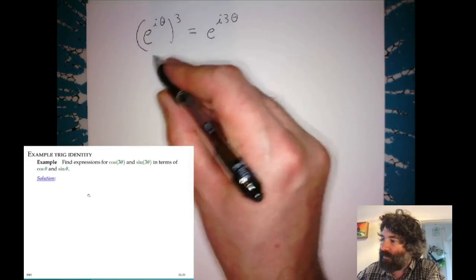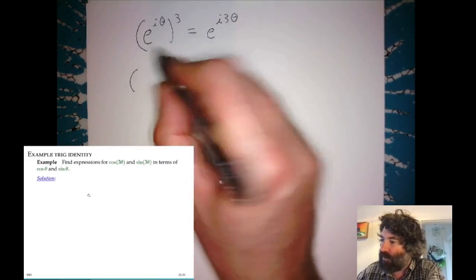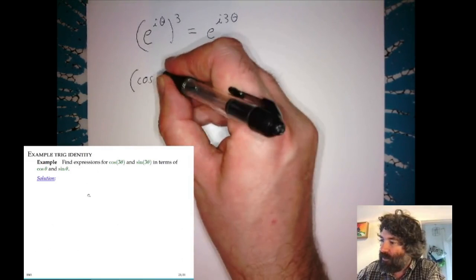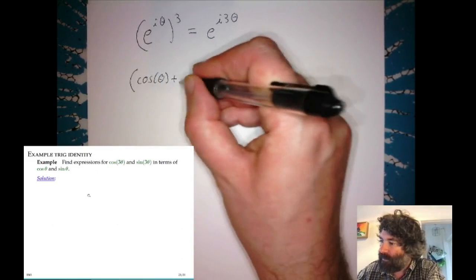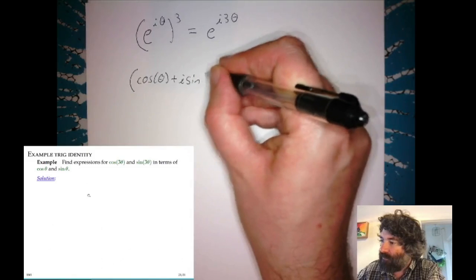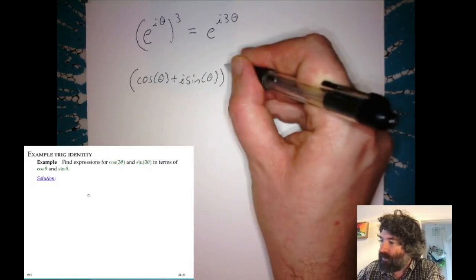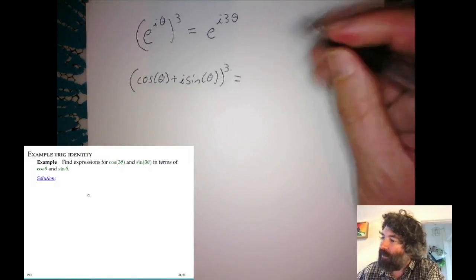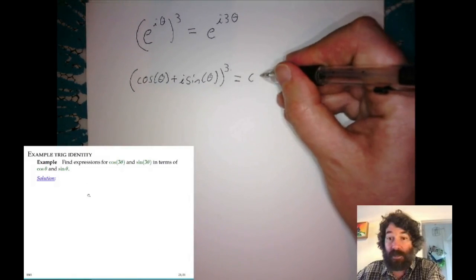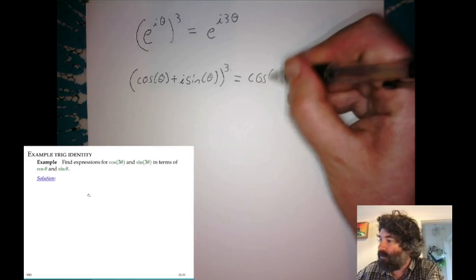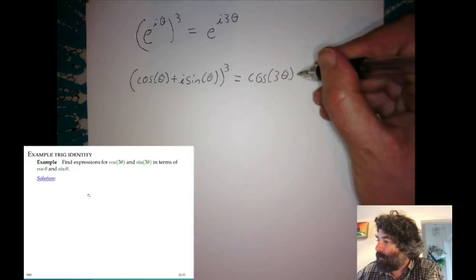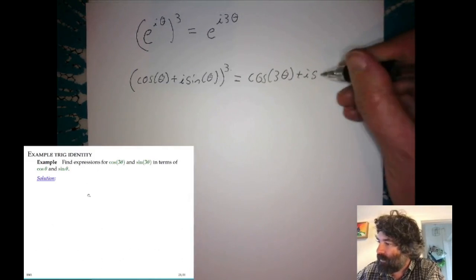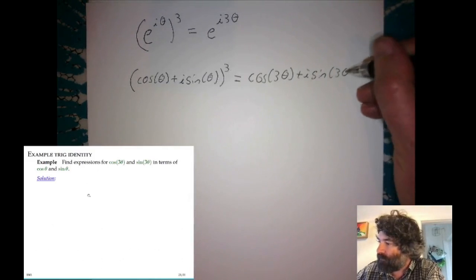Okay, and so the left-hand side here, by Euler's formula, is cosine of theta plus i sine of theta raised to the third power. And the right-hand side is, again by Euler's formula, cosine of 3 theta plus i sine of 3 theta.